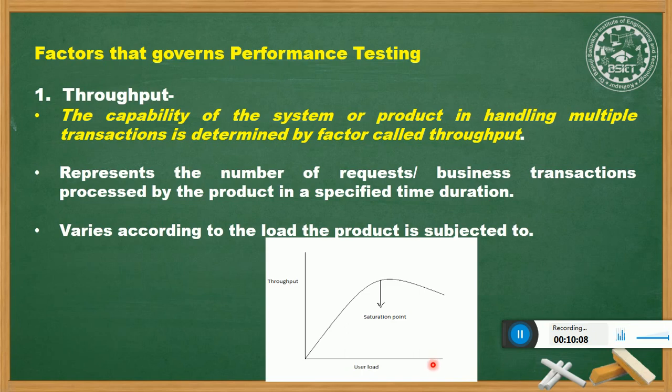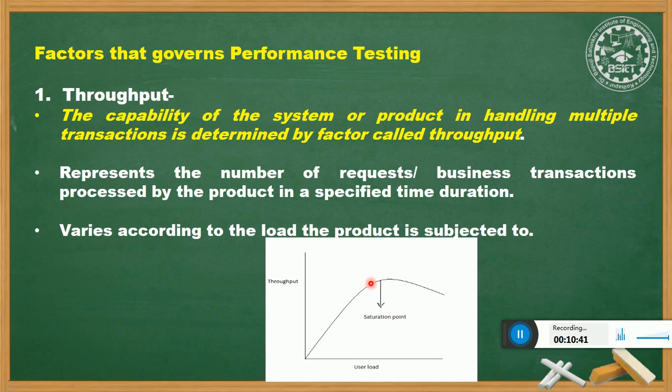So I repeat once again, throughput is nothing but the capability of the system or the product in handling multiple transactions or multiple requests that come from the users. In this example, we have seen that when the number of users keeps on increasing, the performance of the system is good.